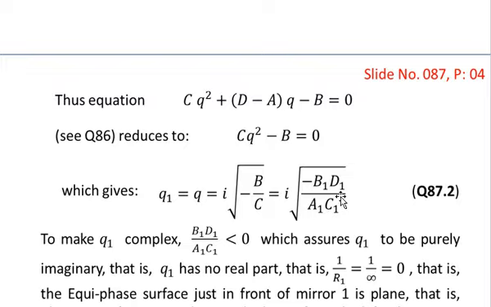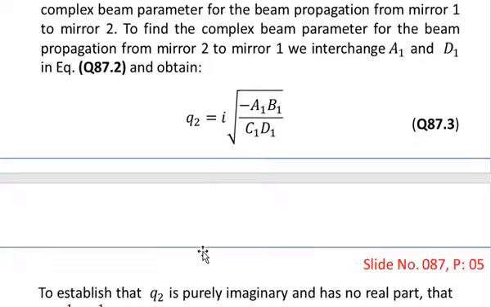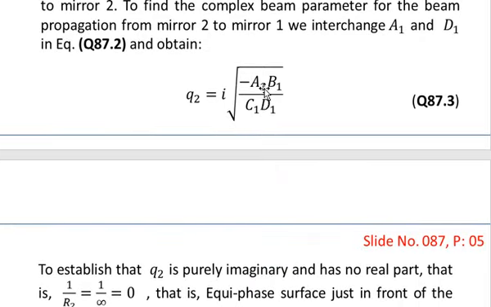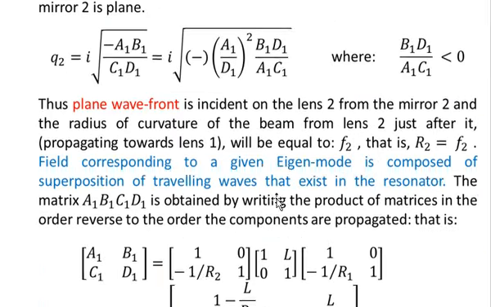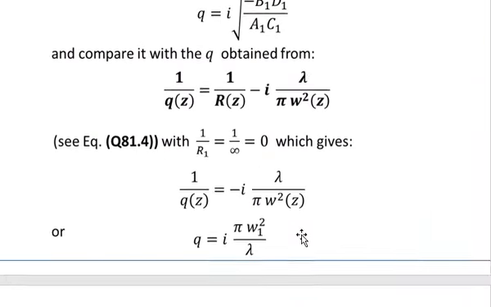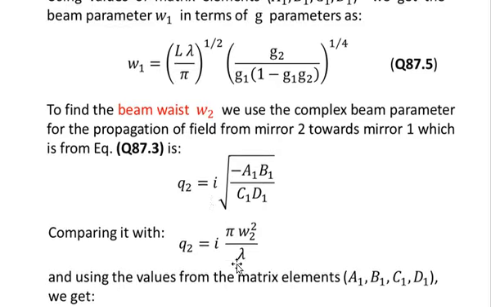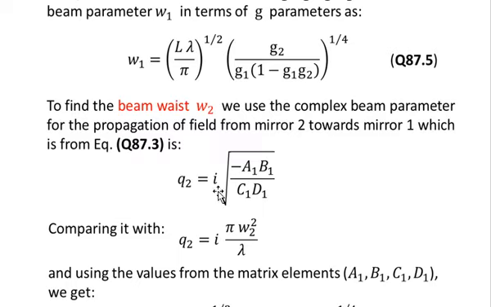So A1 and D1 are interchanged to get the value of Q2. In the Q2, we can set up the values of A1, B1, C1 and D1 from this matrix. And then we have the value of Q2 equal to I times the square root of minus A1 B1 over C1 D1.